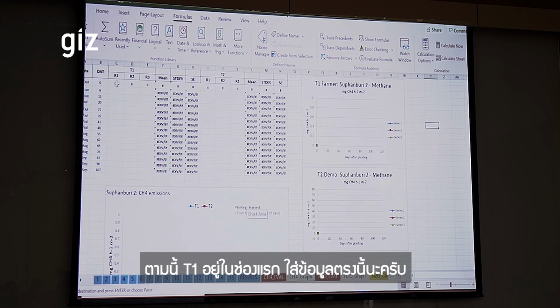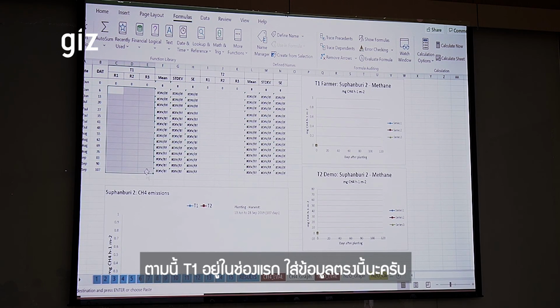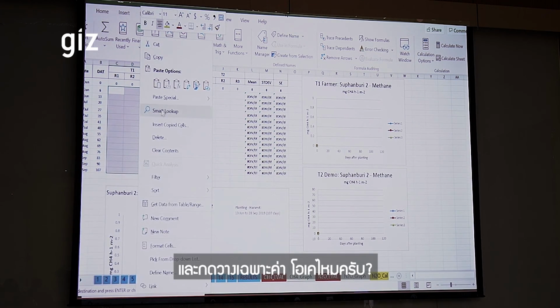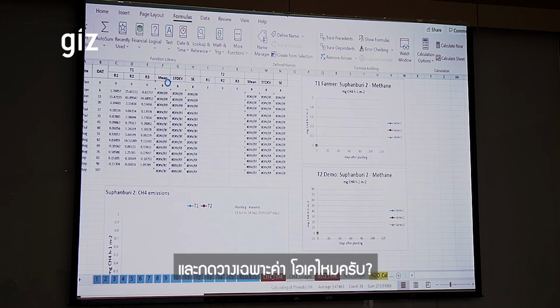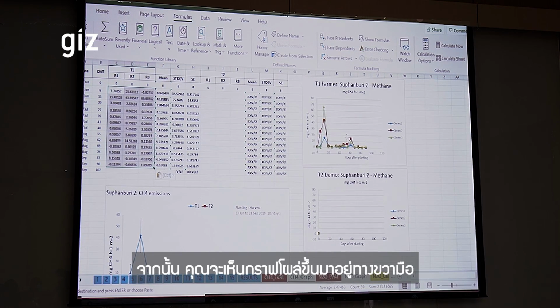So treatment 1 is the first block, put it here, and then paste values only, okay? And then you will see suddenly the graph will appear, on the right side.